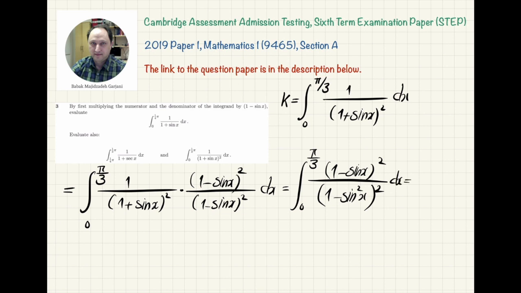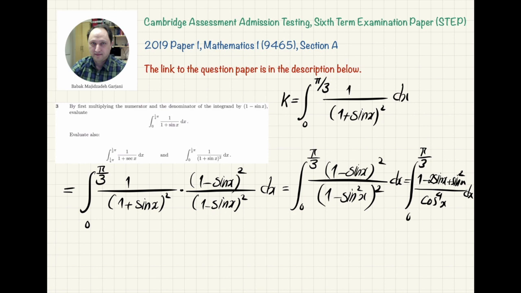So if I want to repeat it, it becomes the integral from 0 to pi over 3. And then of course I can expand the numerator by the quadratic rule. And the denominator becomes cosine to the 4x, and I have dx here. Now what I can do is again start decomposing this fraction into different pieces.